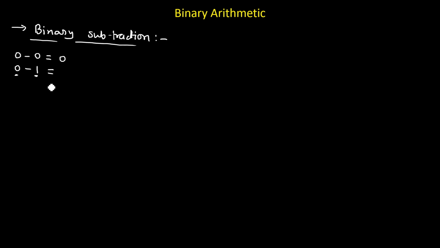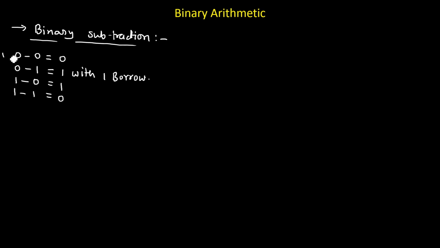We cannot directly subtract this number and we need to take one borrow from the next bit. So we get answer 1 with one borrow taken from the next column. Next, 1 minus 0, so we get 1, and the last case, 1 minus 1, we get 0.